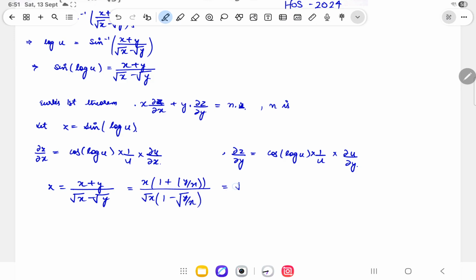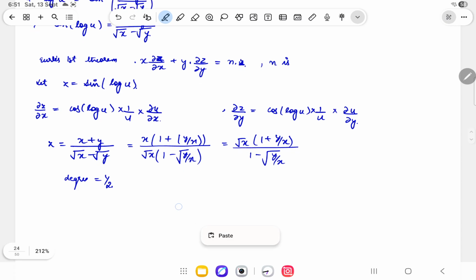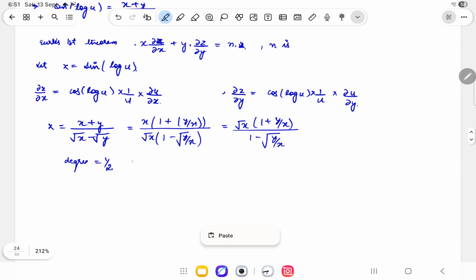So this is equal to under root x into 1 plus y by x divided by 1 minus under root y by x. So the degree is 1 by 2.